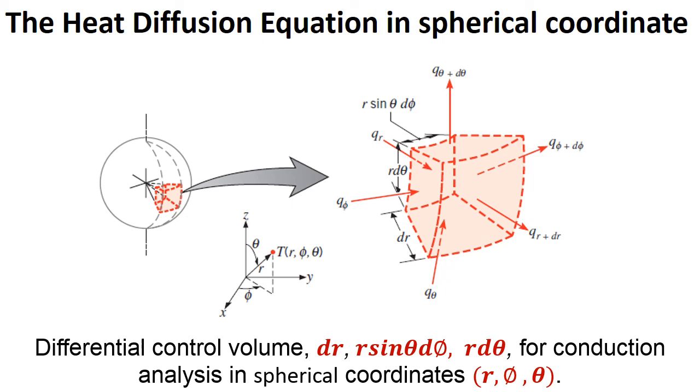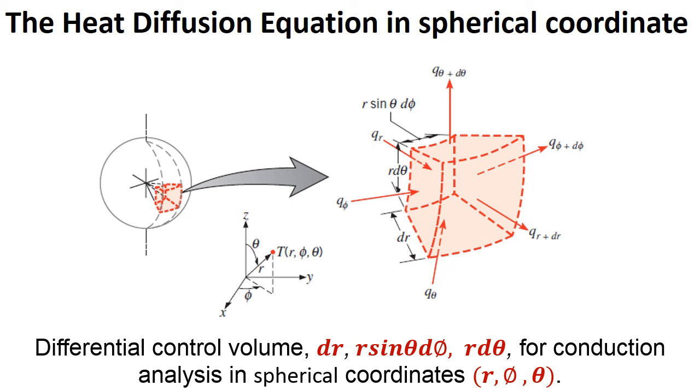The same position shows the phi side of the sphere, and the ball with smooth surfaces, which we shine when we have to bowl reverse swing, that surface can be considered as the theta direction. The differential control volume dimensions will be dr, r sin theta d phi and r d theta.